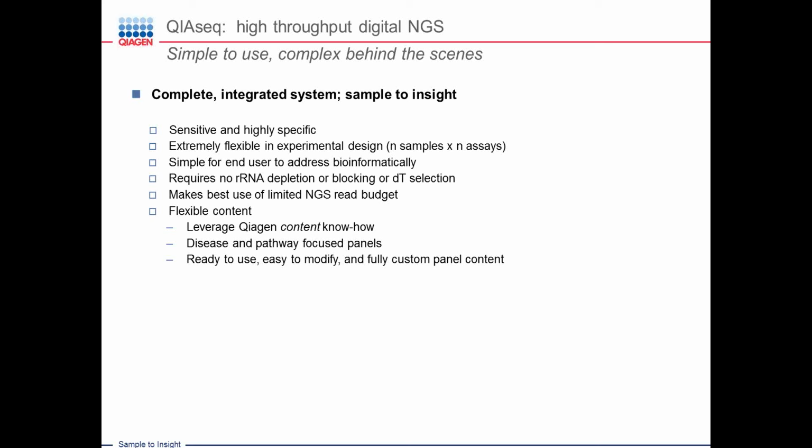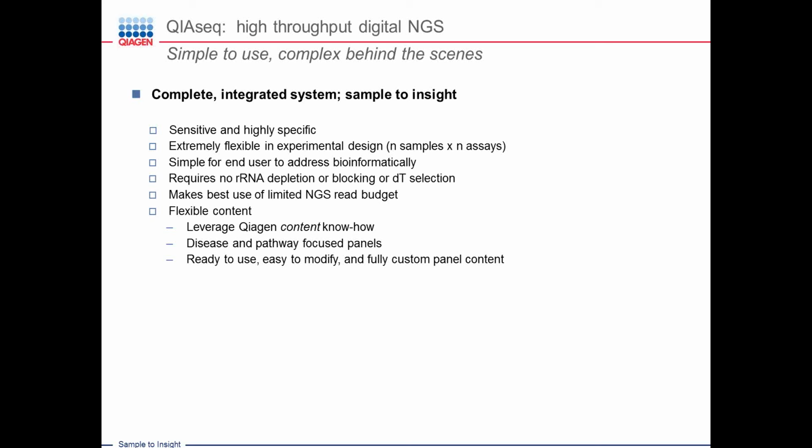The system is a complete integrated system. You start with an RNA sample and you end with your data and even with a molecular insight. We're providing links to Ingenuity IPA analysis for you to do your first experiments in pathway analysis with this product.